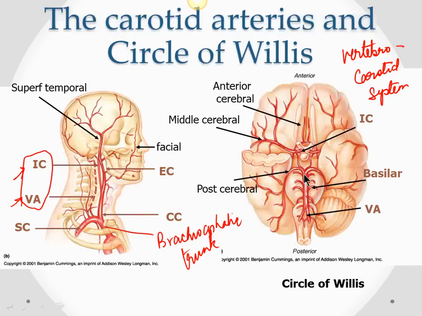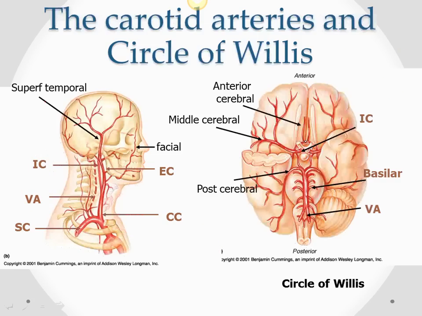So we had the vertebral part and we have internal carotid. Now we just got to join them. So what happens is the two anterior cerebrals of each side join each other through, can you see this thin little branch here? And you don't need to know this for purposes of the test, but just to show you, this branch here is known as the anterior communicating.